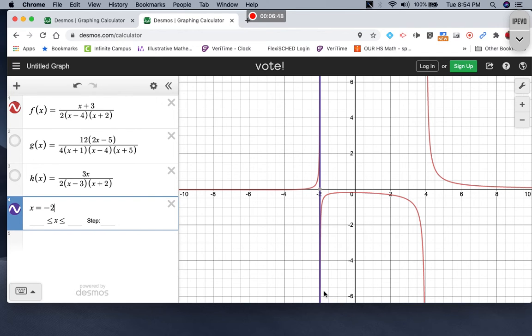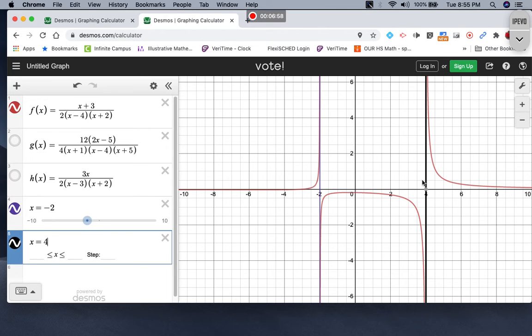And then over here, coming in this way, I run into trouble at negative 2. Coming in this way, I run into trouble at x equals 4. These are my two dividing lines, and it breaks this up into 3 pieces because they don't cross, they don't connect there.